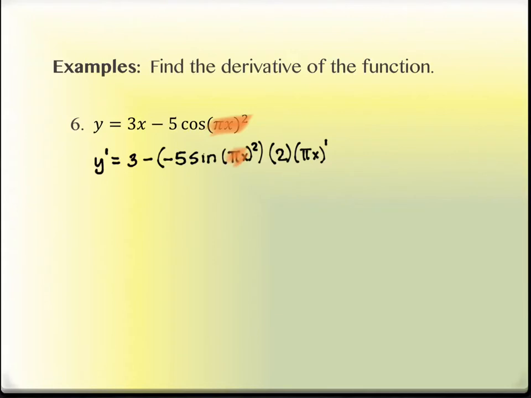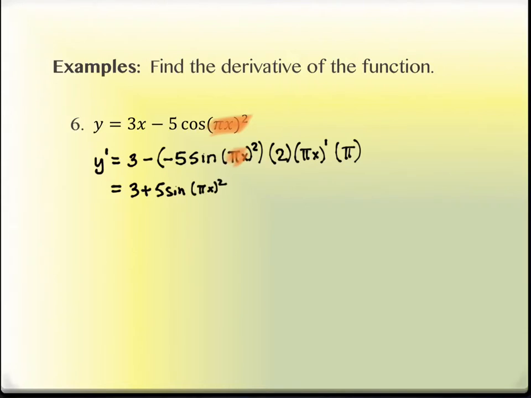And then I need the derivative of pi x, which is pi. Okay, this would be one way to write the derivative. We'll clean it up, and then I'll show you the other way to write the derivative. So on this, let's see, we have 3 plus 5 sine pi x squared.